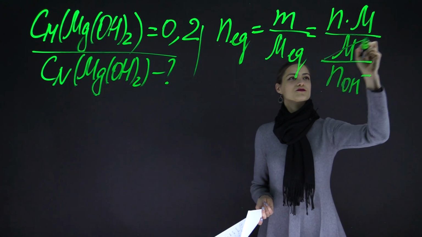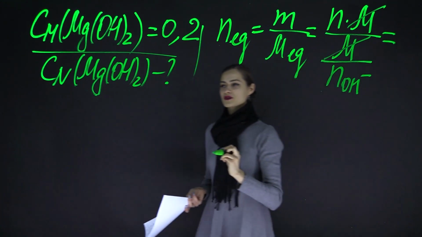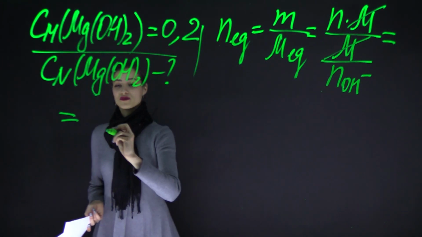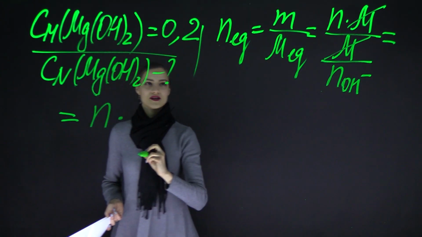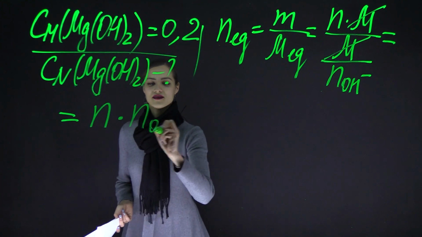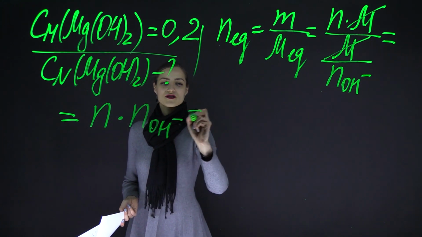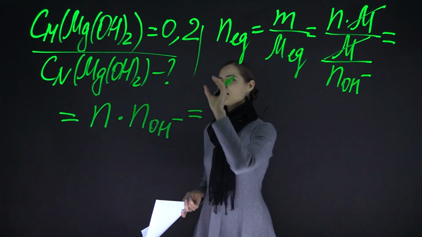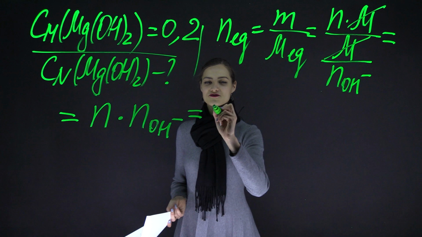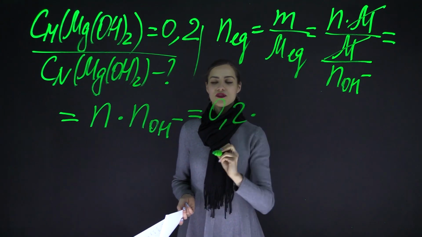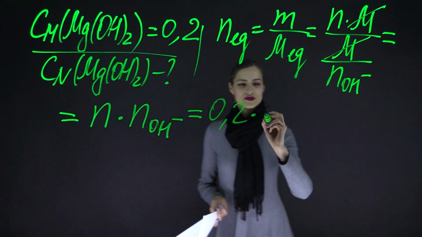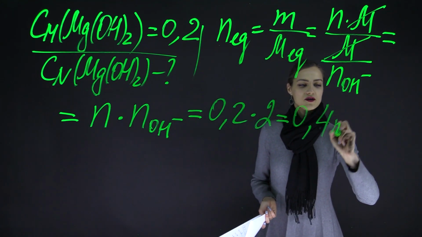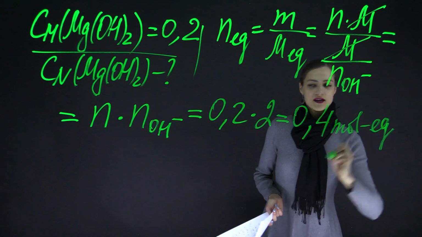And what we can do is cancel the molar mass, and in our situation the number of equivalents is the product of the number of moles and the number of hydroxyl groups. So to calculate normal concentration, we can just multiply the molar concentration by the number of hydroxyl groups. So multiply by 2 and it gives us 0.4 mole equivalents.